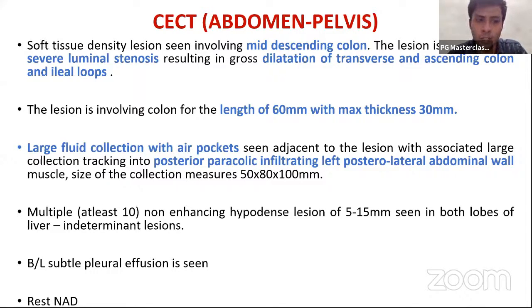There was a large fluid collection with air pockets adjacent to the lesion, tracking into the posterior paracolic region and infiltrating the left posterolateral abdominal wall. There were multiple non-enhancing hypodense lesions in both lobes of the liver, and a subtle pleural effusion bilaterally. The rest of the CT was normal.